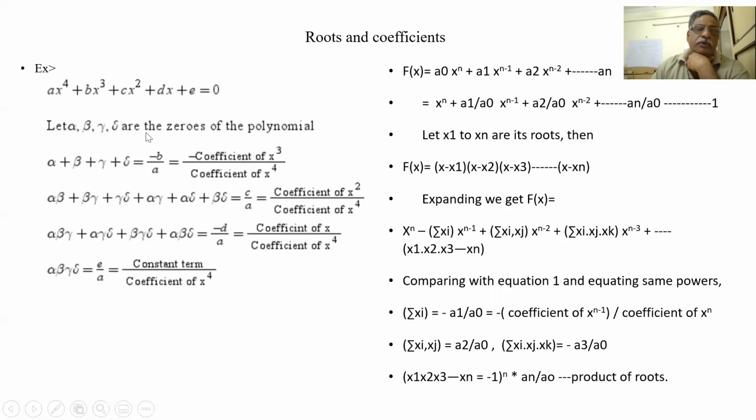Now the sum of the roots is minus b by a. The terms are minus b by a, then c by a, then minus d by a, then e by a. Alternatively, the minus and plus signs vary.